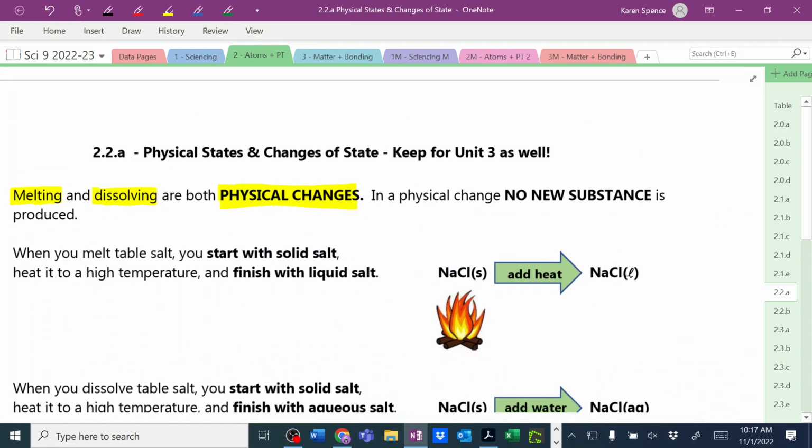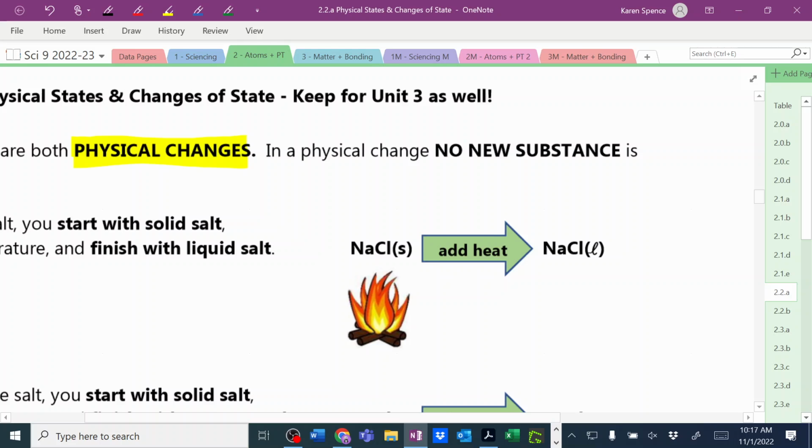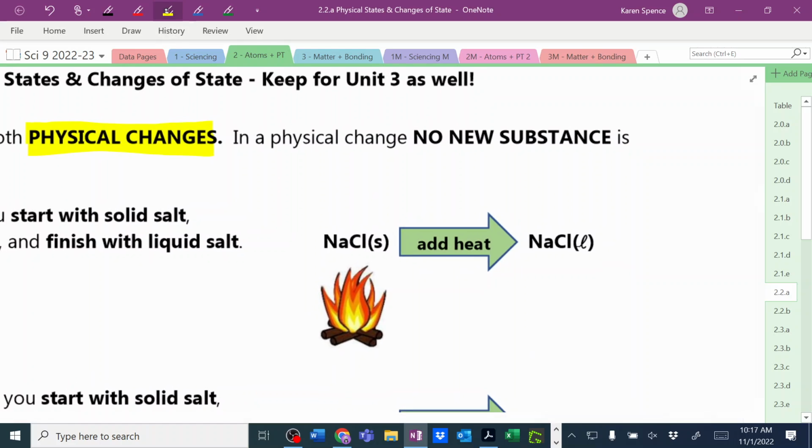So when you melt table salt, you start with solid salt. Here it is. We add some heat and we finish with liquid salt.